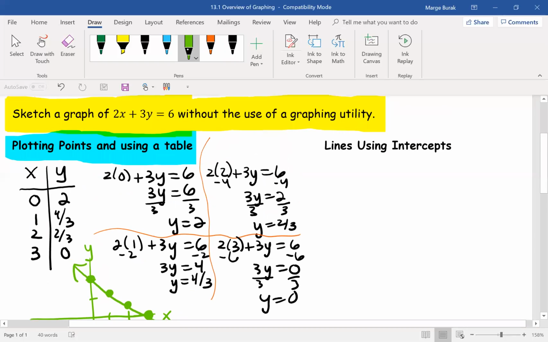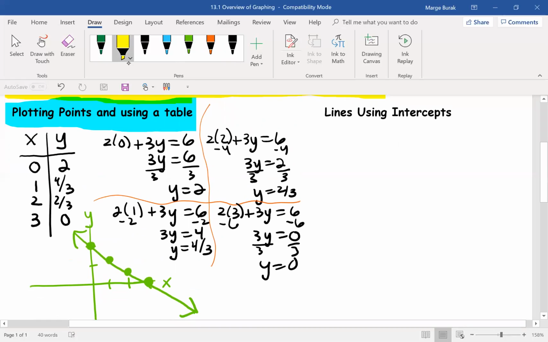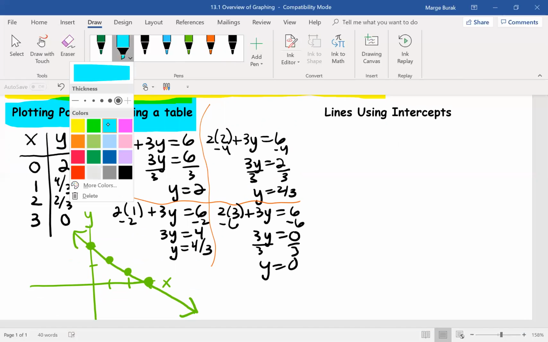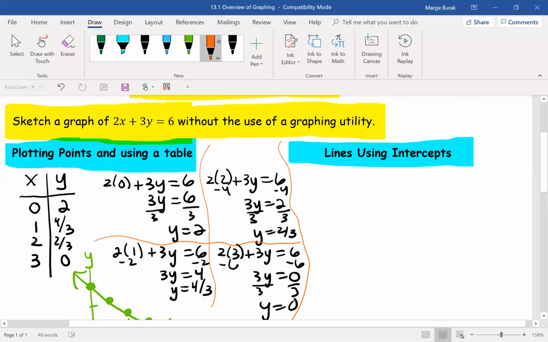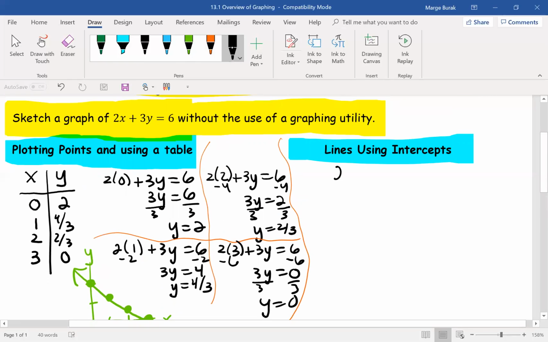Let's go see about the next way to do it. Now, let me see if I can get the blue if I want it. All right, now let's do this using the intercepts. Okay, so suppose I just take this 2x plus 3y equals 6.